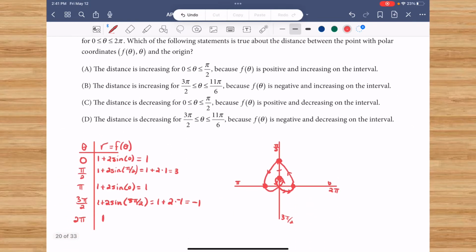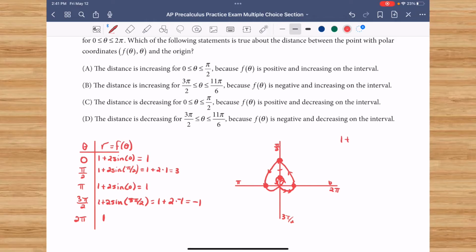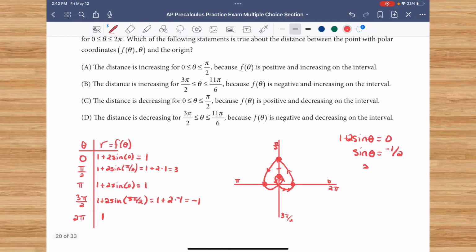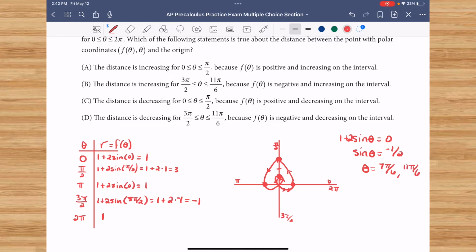We want to know when 1 plus 2 sine of theta is equal to 0. Quickly solving this equation, I want to know when sine of theta is equal to negative 1/2. I know on my unit circle that is going to be true at the theta values of 7 pi over 6 and 11 pi over 6.